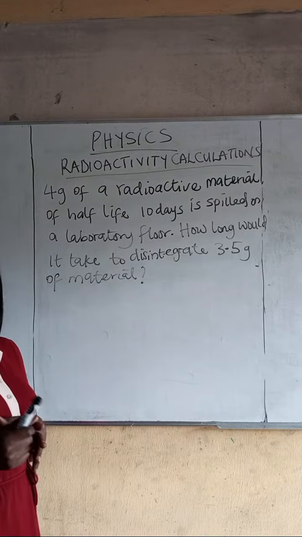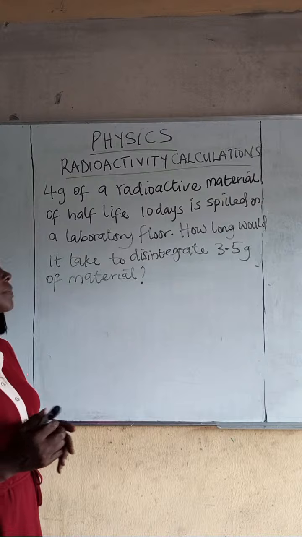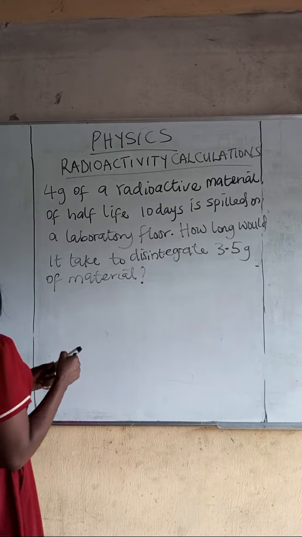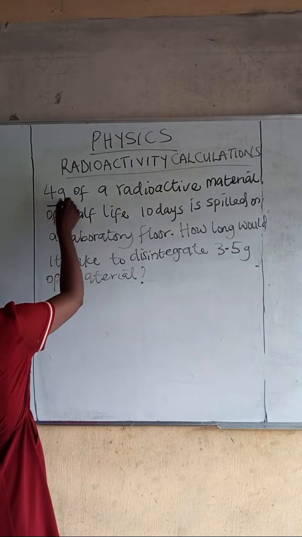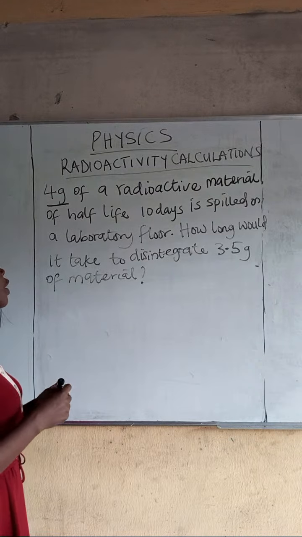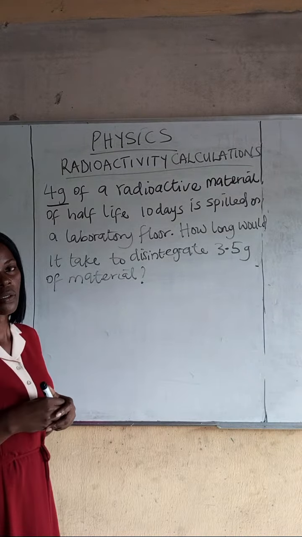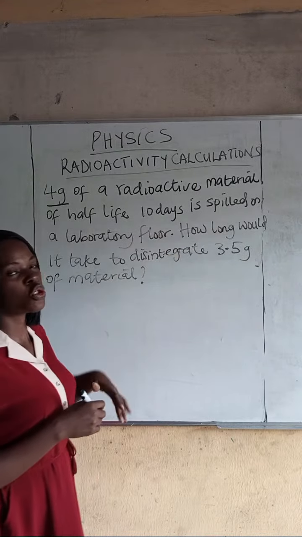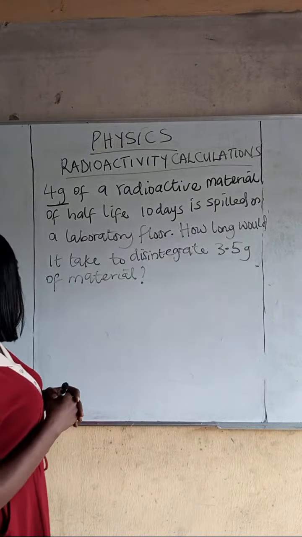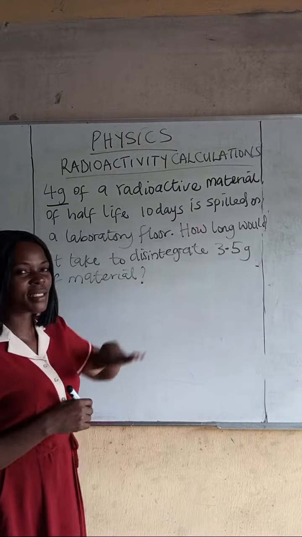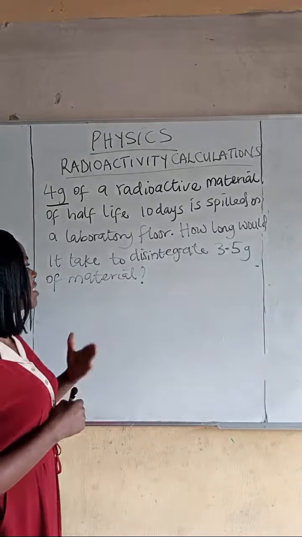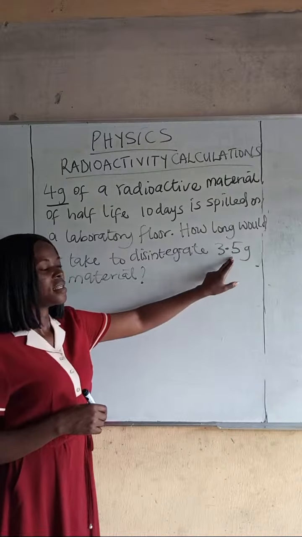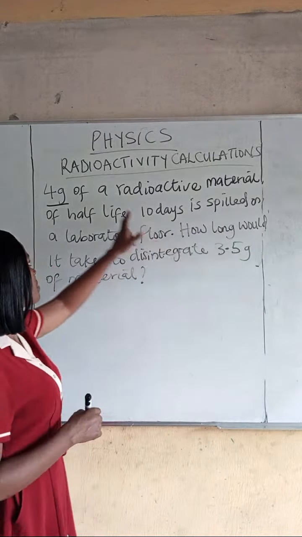What are we looking for? Time. From this question, the number of atoms before decay, N0, is equal to 4 grams. We are given the half-life to be 10 days, and they ask us to find how long, that is time, to disintegrate 3.5 grams of this material.